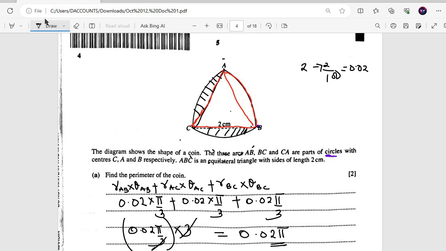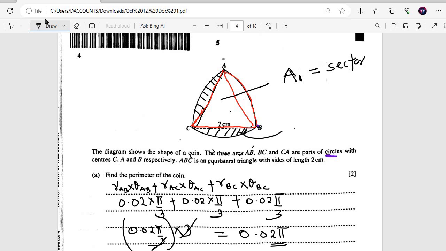So to find the area of the coin, let me call the red one A1, which is a sector.